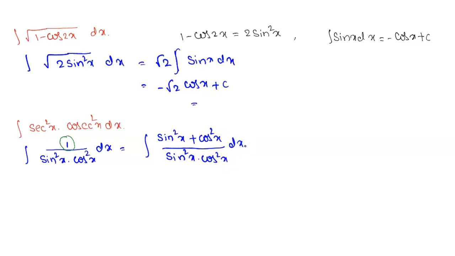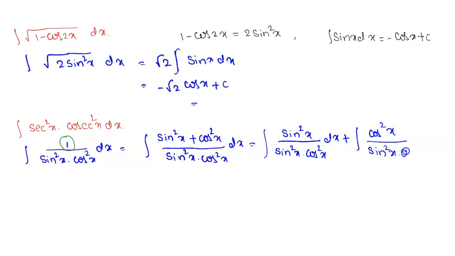dx. So here separate the function. Integral sin square x by sin square x into cos square x dx, plus integral cos square x by sin square x into cos square x dx.